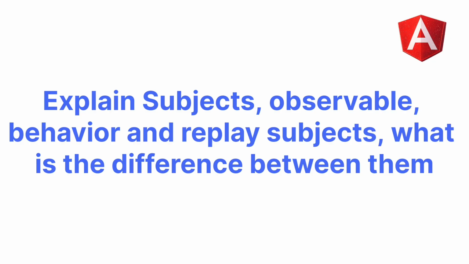But in the ReplaySubject, we can get the last emitted values. If I give 3, then 1, 2, 3 will all be printed. I can specify how many emissions I want.